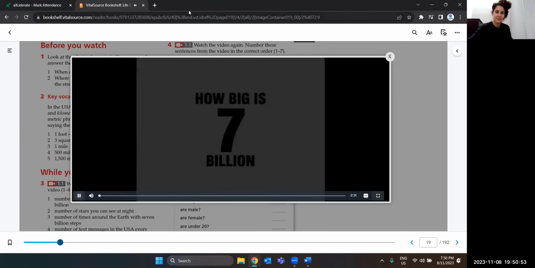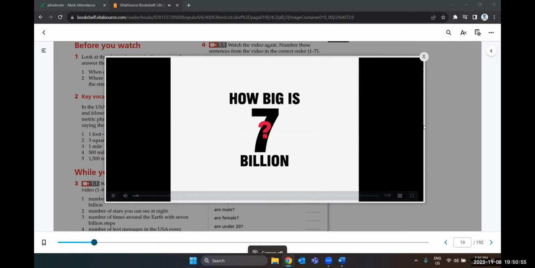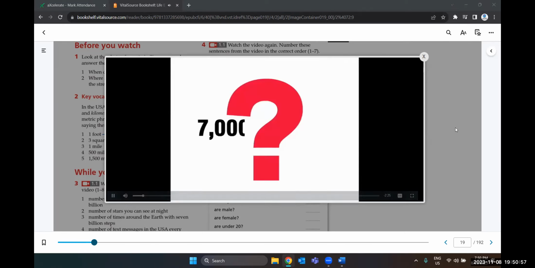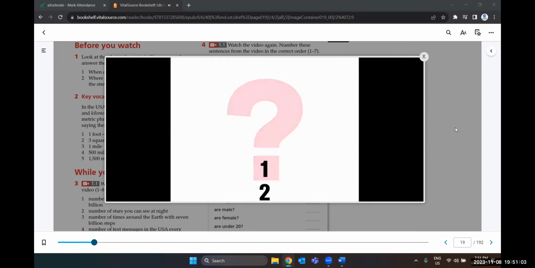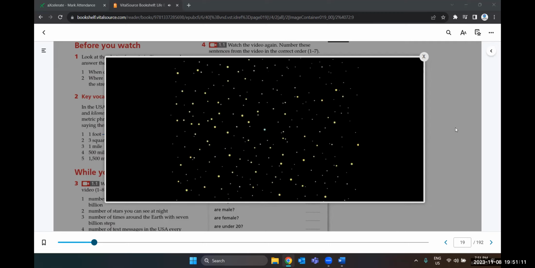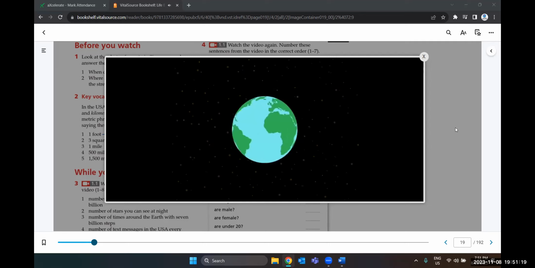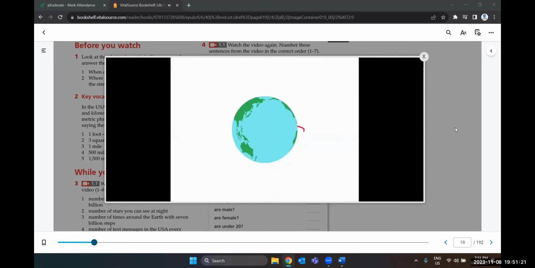There are 7 billion people in the world. But how big is 7 billion? One, two, three, four. Don't count from 1 to 7 billion. It takes 200 years. There are 7 billion stars. But from Earth, you can see 1,000 at night, not billions.